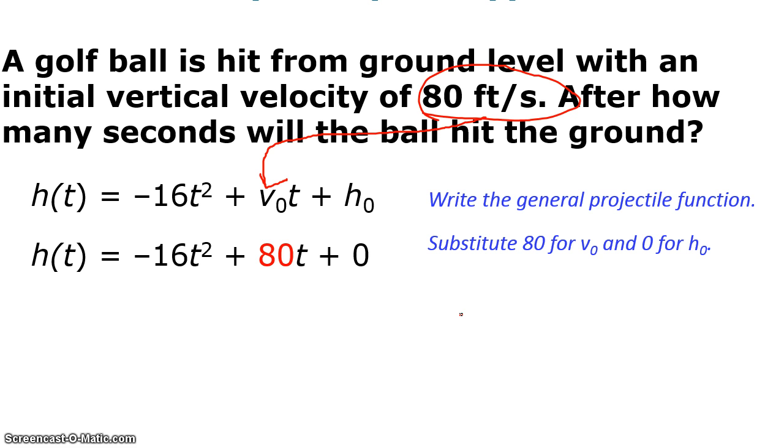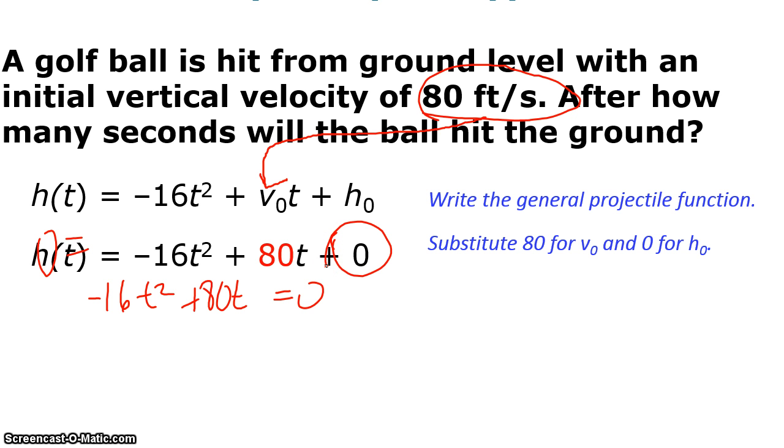So if we want to do that, we want to set our equation equal to 0. So we end up with -16t squared plus 80t, and we set that equal to 0. We've lost our initial height because it's the ground, right? So it's going to start on the ground and then be projected up into the air.